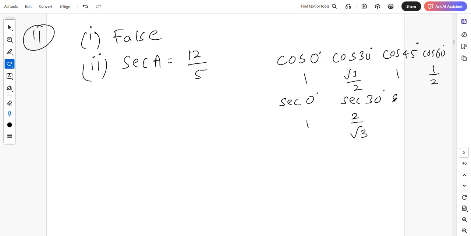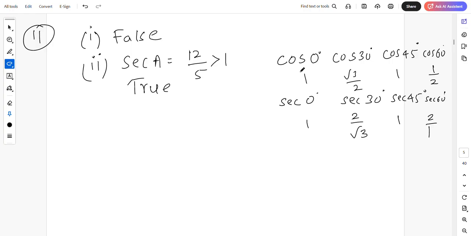Secant 45 is root 2, and secant 60 degree is 2 by 1. You observe that secant value is always greater than 1, so this is true.